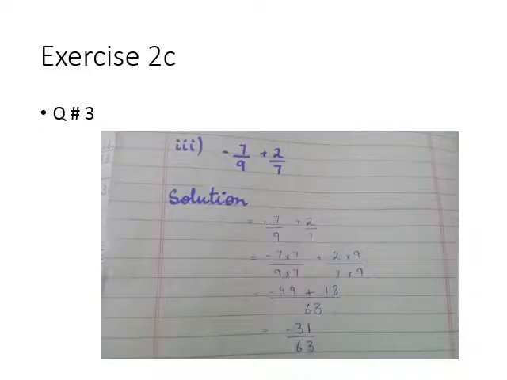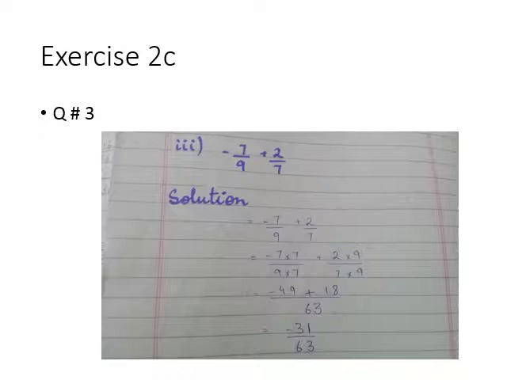Next question is simplify the given fraction: minus 7 by 9 plus 2 by 7. Firstly, we will try to equate their denominators. So we will multiply the first denominator by 7 and the second denominator by 9.